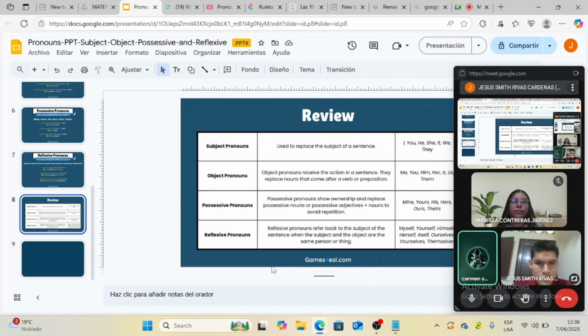That's the pronoun. Yes, subject pronouns. You can replace the subject of the sentence. Subject pronouns receive the actions in a sentence. They replace nouns that come after the verb or preposition.